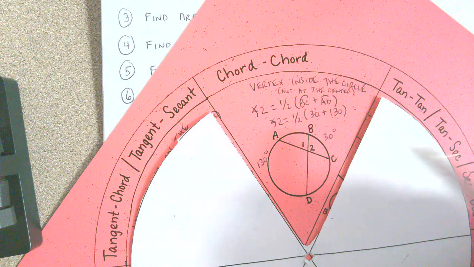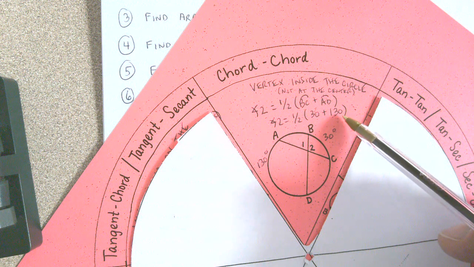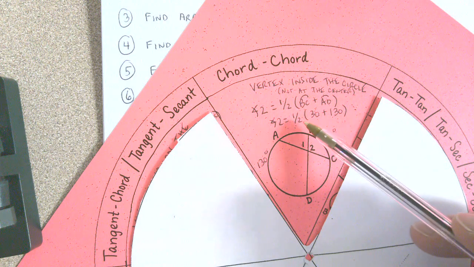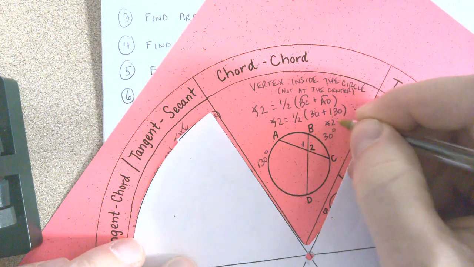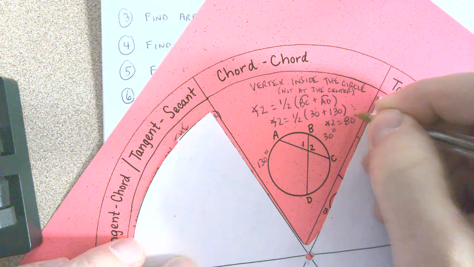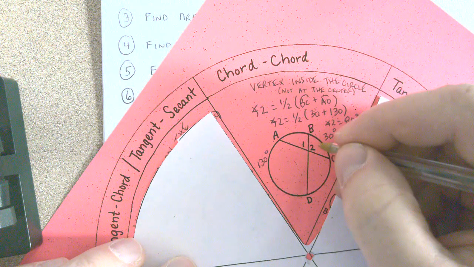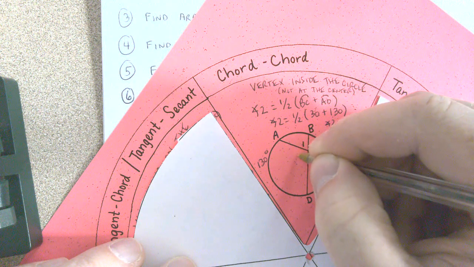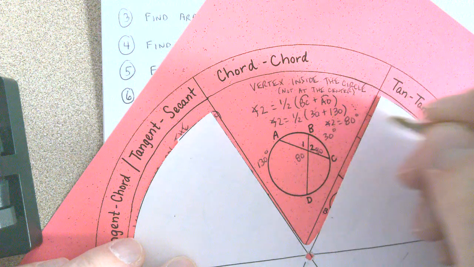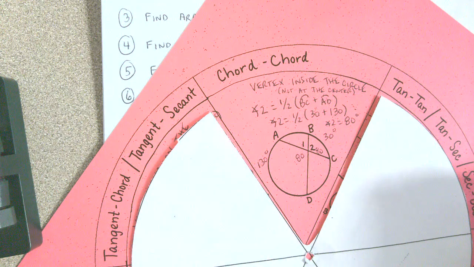And when I add those together, 30 plus 130 would be 160. Half of 160 would make that angle 2 equal to 80 degrees. So angle 2 is 80. And this angle on the other side, which is vertical to that, is also 80.